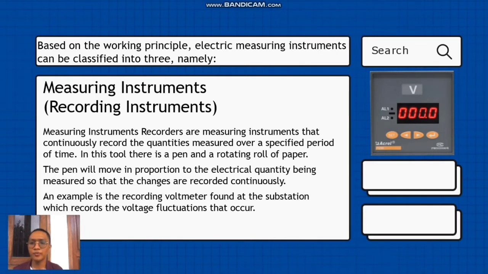The pen will move in proportion to the electrical quantity being measured so that the changes are recorded continuously. An example is the recording voltmeter found at the substation, which records the voltage fluctuation that occurs. And this is an example picture of a digital recording instrument.